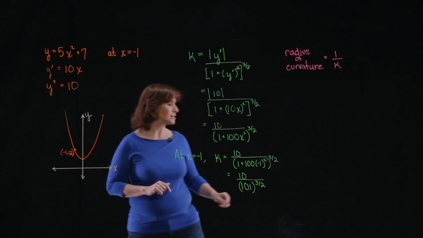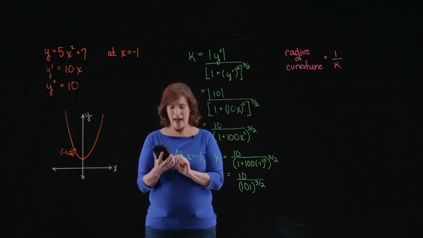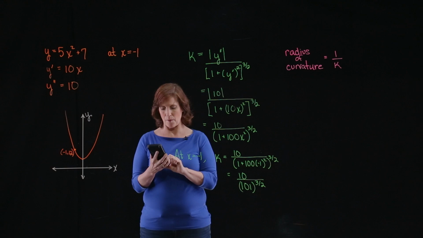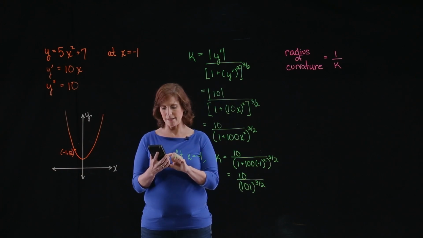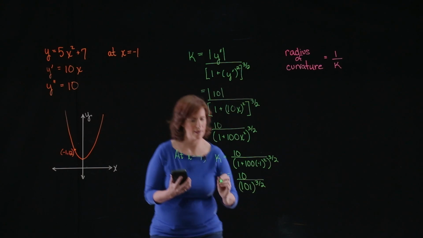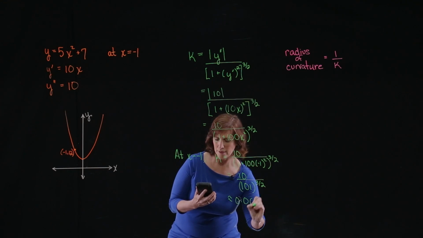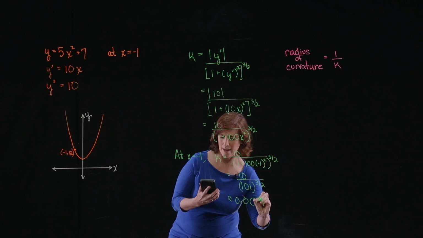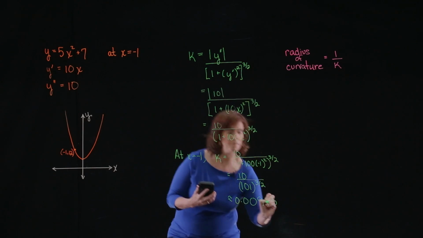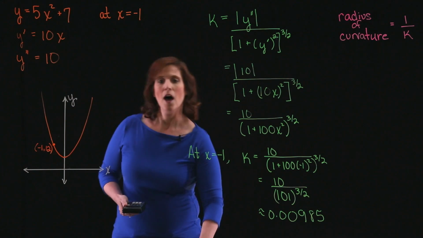If you would like an approximation, you can always pull out your calculator and find 10 divided by 101 raised to the 3/2 power. And we get approximately 0.00985. I'll round it off to 5 decimal places.